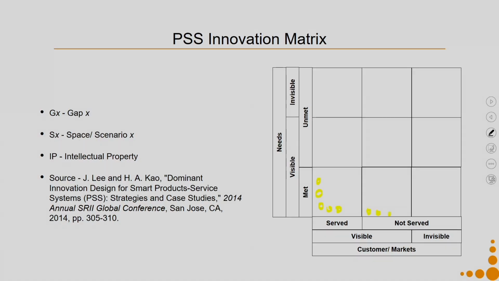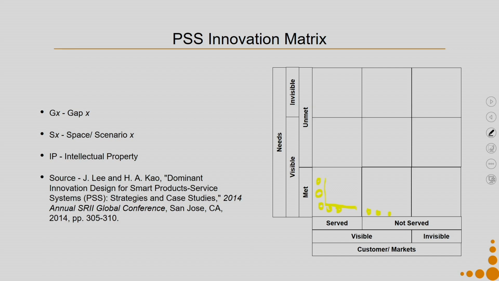Water purifiers are not solving that problem, but there are certain solutions with on-tap attachments. You put that on the tap and it gives you a certain degree of purified water instantaneously as you switch on the tap. So that market was visible, and that need is met.